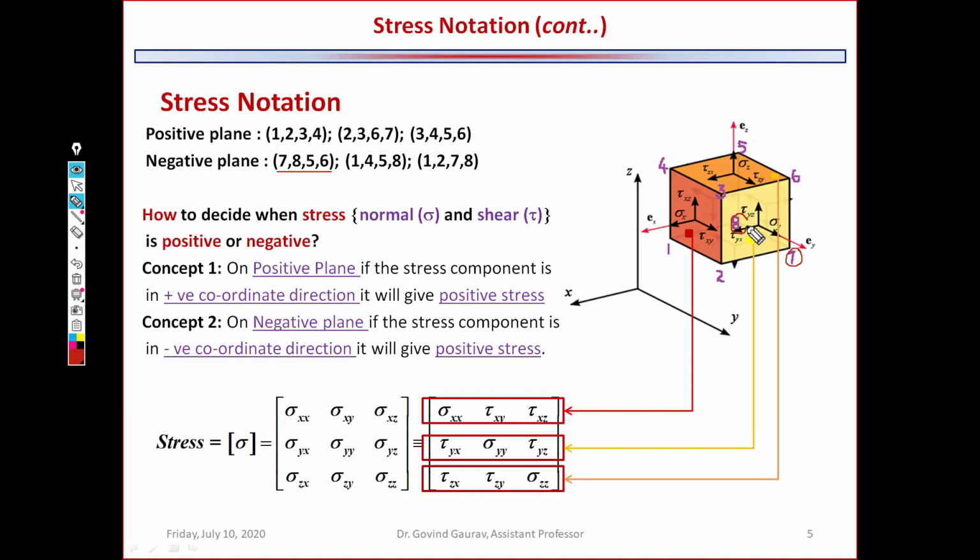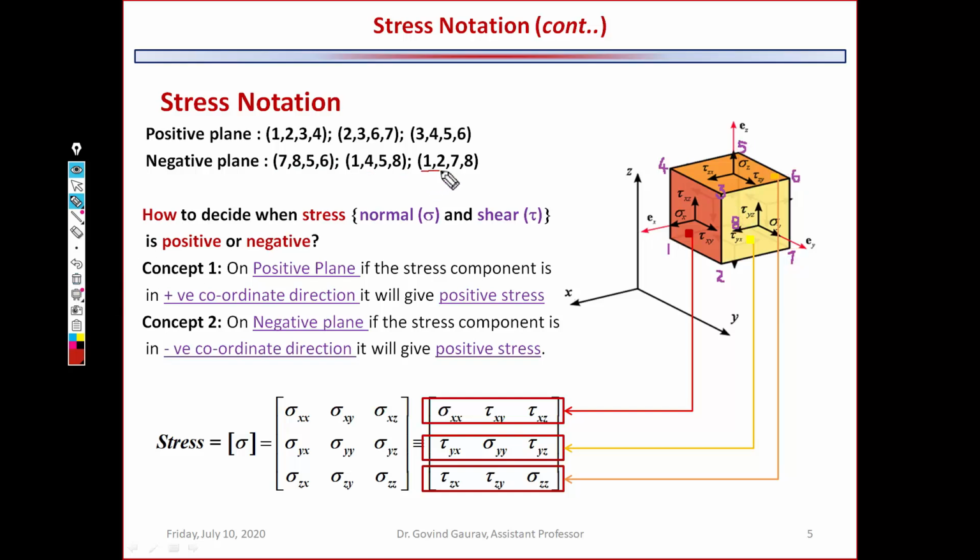So this one is one of the negative planes. The other negative plane will be 1, 4, 5, and 8, which is this value 1, 4, this value 5, and this value 8. This is regarded as a negative plane.